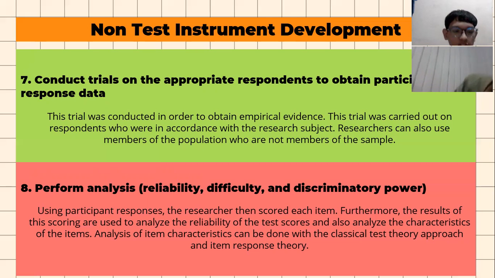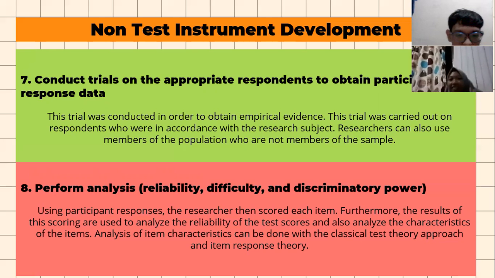The eighth is perform analysis. There are reliability, difficulty, and discriminatory power. After conducting the trials, the researchers obtained data on the responses of the trial participants. Using participant responses, the researcher then scored each item.